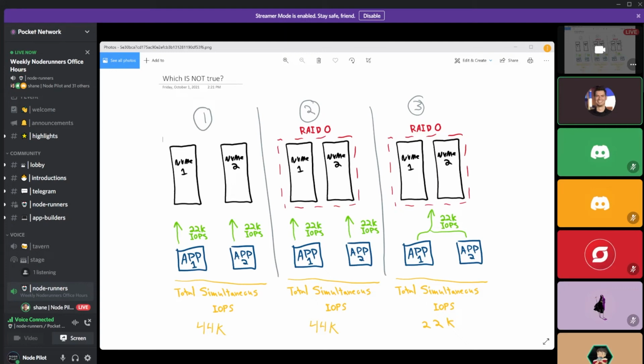Well, on number two, you have them in RAID 0, right? My understanding is you can increase the throughput, the amount of bandwidth that can be written to a drive. So if a drive can do 100 gigs a second, or whatever, I know that's crazy fast, when you have it in RAID you can almost do 200.